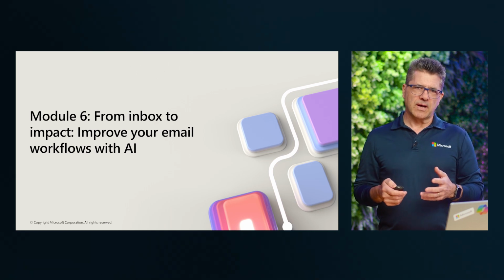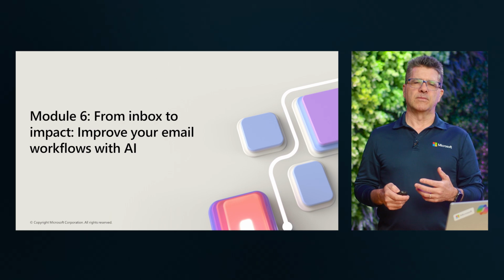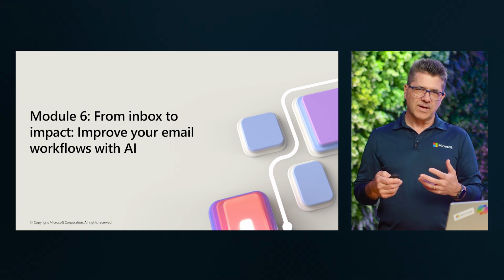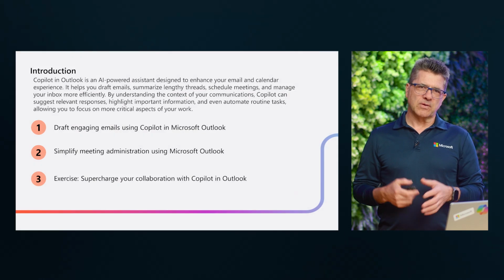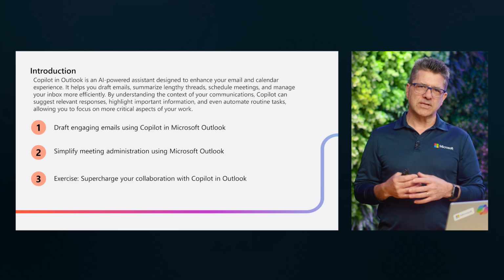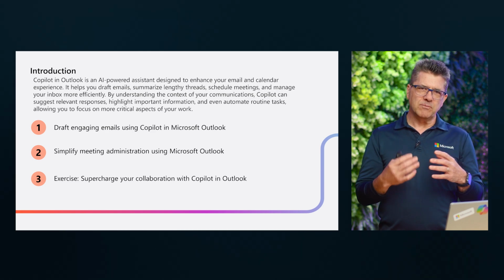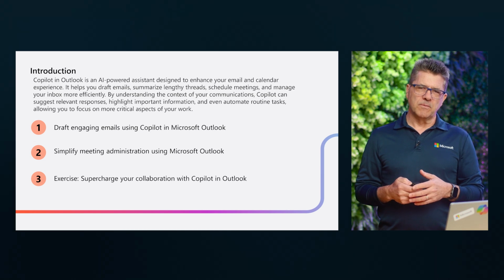Now, with Outlook, I can make my email a lot more workable. I call this my workflow is going to now be enhanced by Copilot. So let's talk about drafting engaging emails and conversations, simplifying meetings and the administration of that, and of course, being able to access content as well.